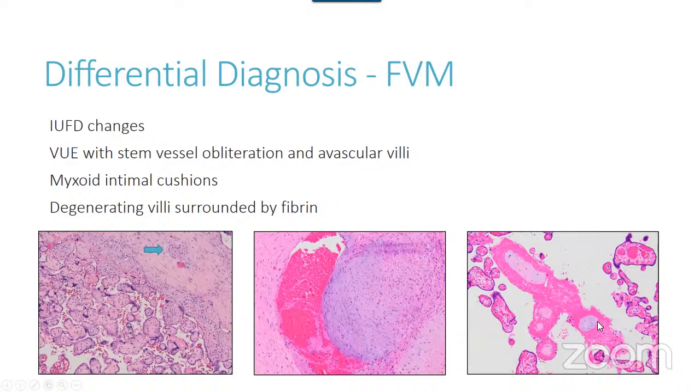Usually in avascular villi, you have retention of the syncytial trophoblast because you still have preserved maternal circulation, and they're surrounded by fibrin, which you can see as perivillous fibrin deposition in association with long-standing avascular villi, but usually it won't be these small foci. And usually you will still have this syncytial trophoblast, and the quality of the stroma would be different.